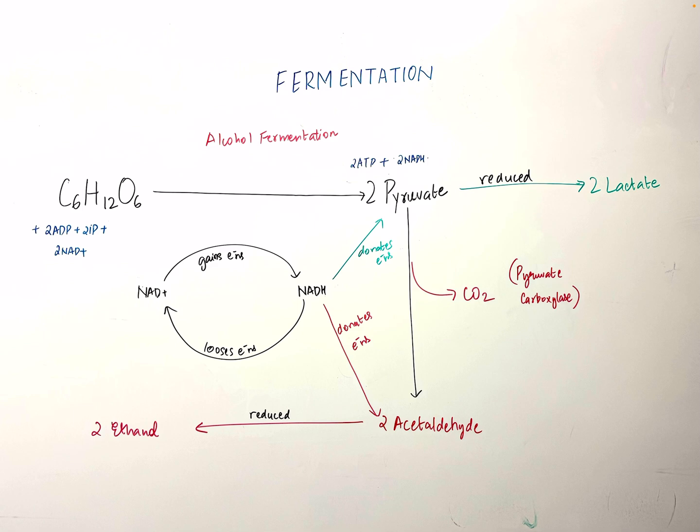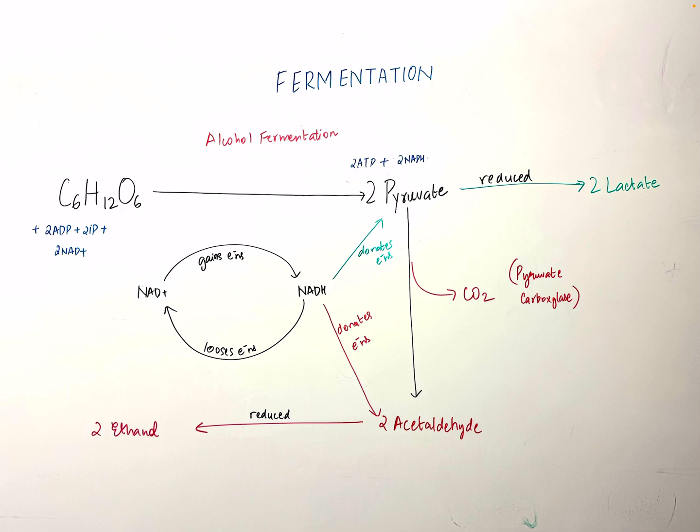And once oxygen accepts its electrons, NADH gets oxidized to NAD plus again, because NADH is the electron donor to the ETC, right? So NADH will get oxidized to NAD plus, and again, NAD plus in glycolysis will help glucose conversion to pyruvate, and the whole process continues in cellular respiration.